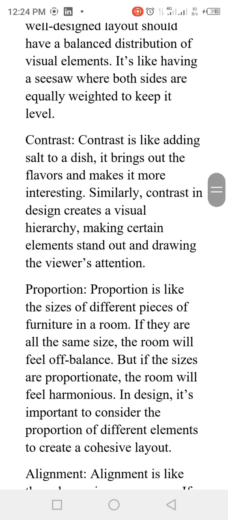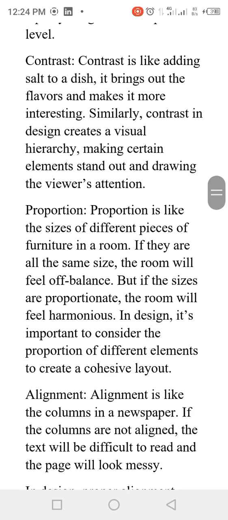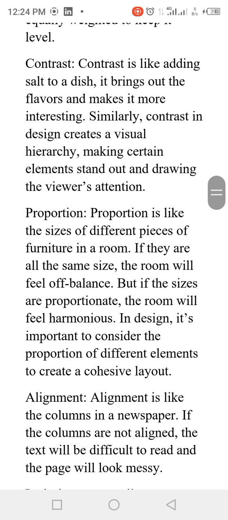The next design principle is contrast. Contrast is like adding salt to a dish, pepper, and all these things. So that is actually what makes your design contrast.